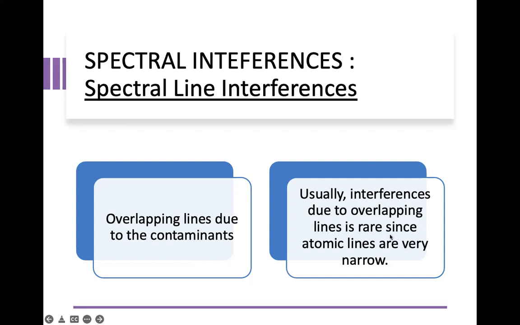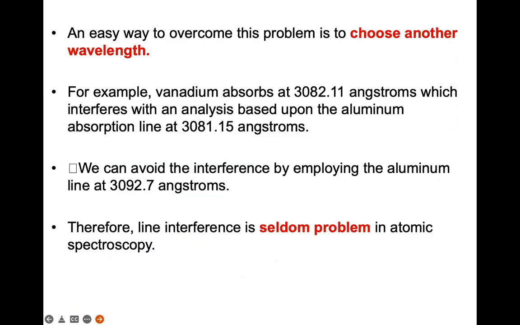But here, the atomic lines are very narrow. You have seen the lines are very clear, right? With specific wavelength. So usually it is not an issue, especially if you have a good AES or fluorescence instrument.